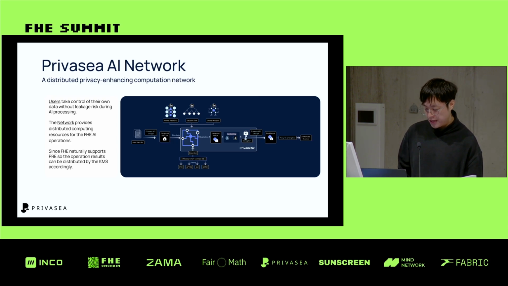And FHE naturally supports PRE, or we say key switching. So the operation result can be distributed by the KMS accordingly. We can use this to solve the key management.